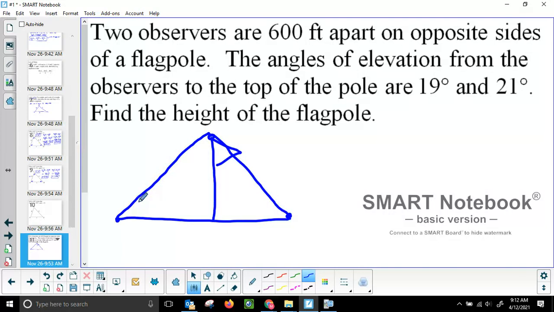One of the angles is 21 degrees. Does it matter how we put it on? Not really. And the other is 19. And it's 600 feet across the bottom, right? Exactly.